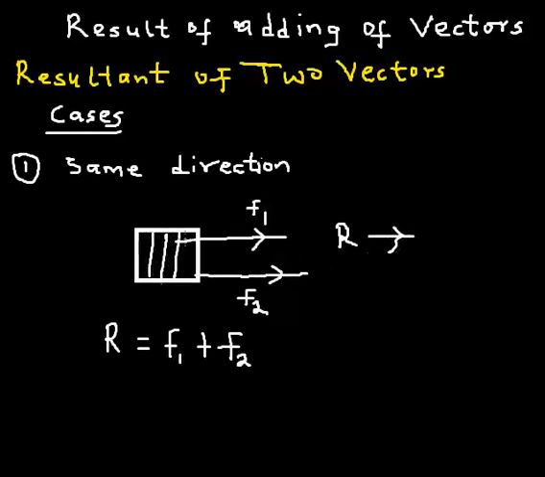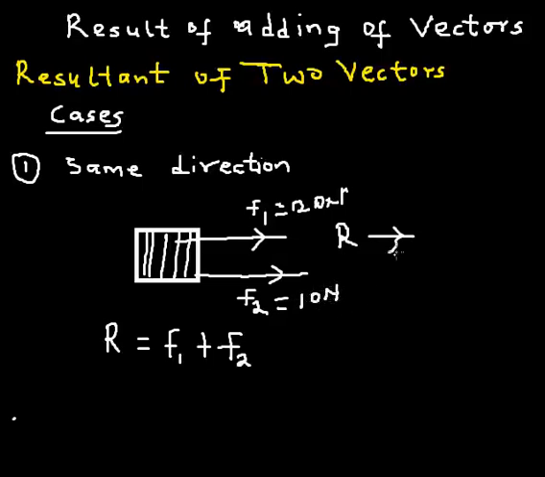So which simply means that if I'm asked which direction this load would move if these two forces act on it, of course it's going to be in this direction, the direction of the east. It will go eastward. All right, so let's look at where F1 is 20 Newton and F2 is 10 Newton.